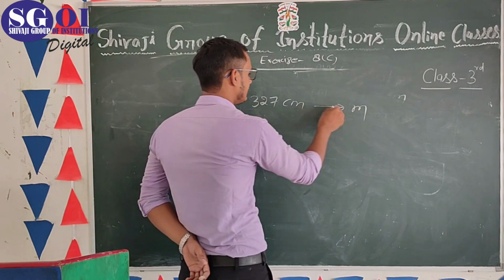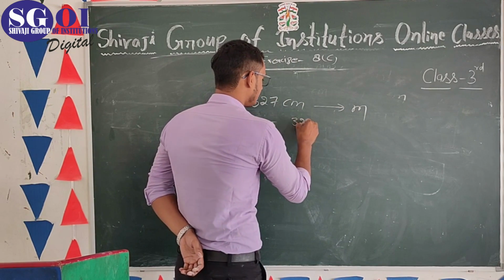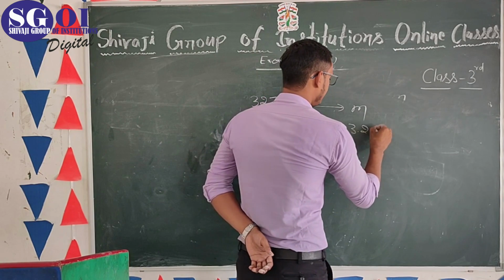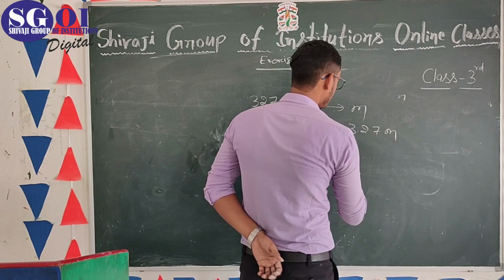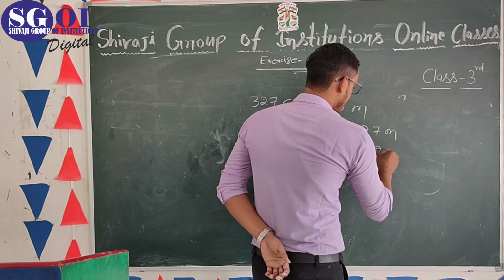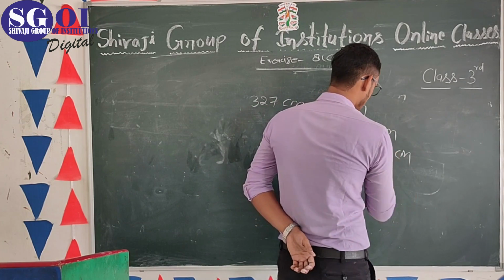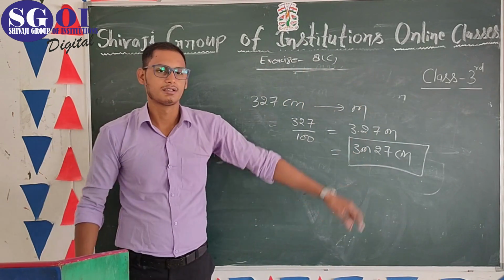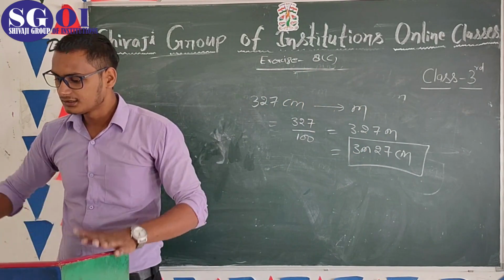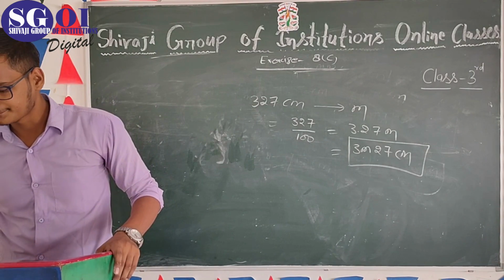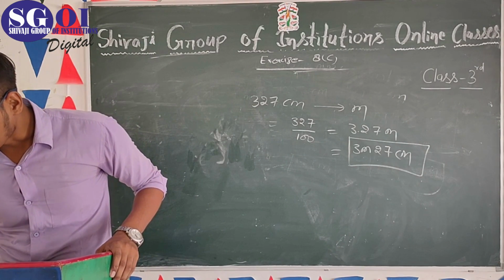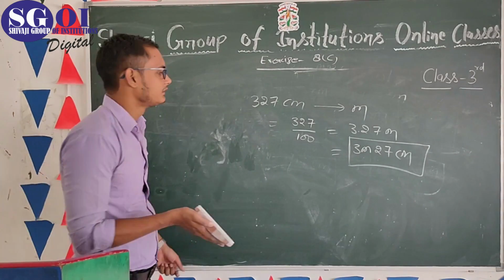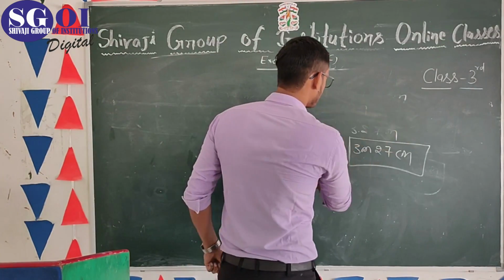So we divide centimeter by 100. 327 upon 100 is equal to 3.27 meter, which means 3 meter 27 centimeters. Understood? So question number 3 to 8, all the questions are the same as question number 1 and 2. So do the rest of the questions yourself.